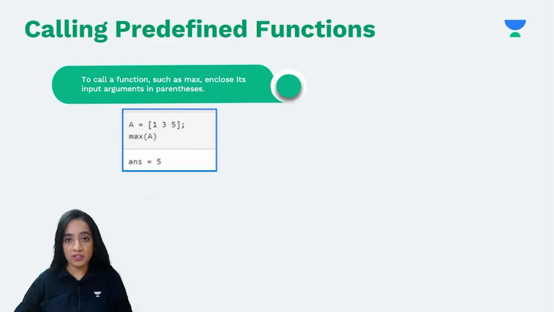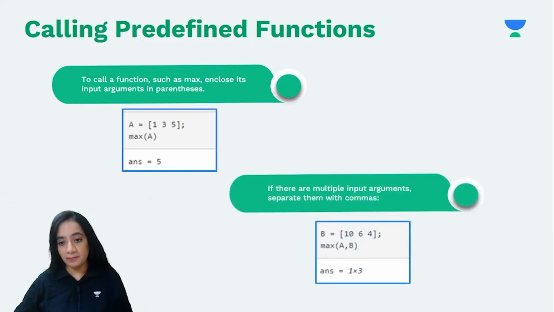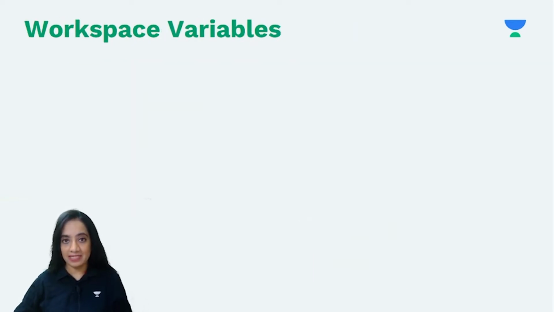One more example is here in B also. It will give you the answer from both of the row vectors, A and B, in 1 cross 3. You can try this on your Matlab desktop. We will try it when we do the tool practice in Matlab.